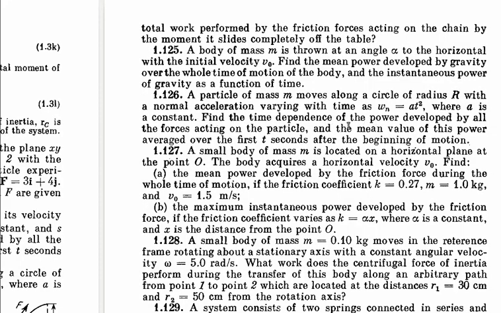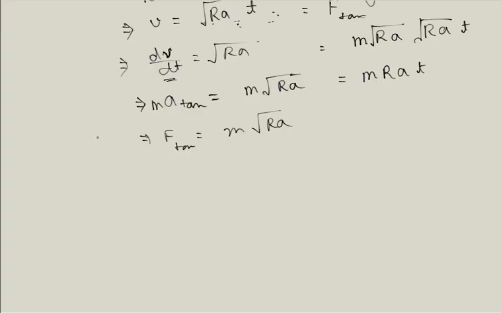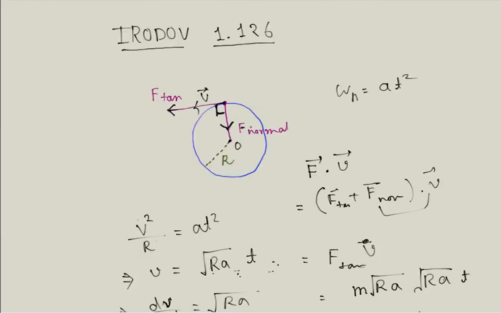Whatever time dependence, and the mean value of power averaged over the first t seconds after the beginning of motion. So we will have to calculate the work done for the first t seconds, and then we will have to average it. You can note from the figure that the normal force is responsible only for changing the direction of the velocity vector, and it is always normal to the velocity vector.